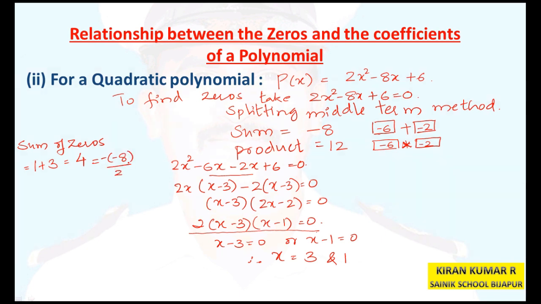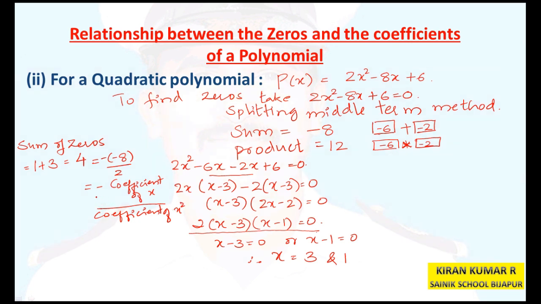What is this minus 8 in our equation? It is the coefficient of x. So it is minus of coefficient of x divided by coefficient of x square.